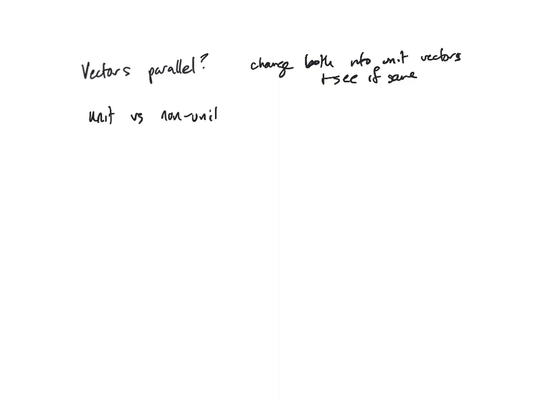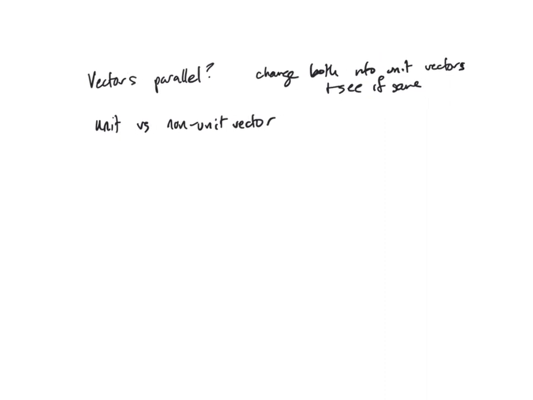Another question was talking about the idea of a unit versus a non-unit vector. A lot of people were very focused on the procedure of how we turn a vector into a unit vector. There's a lot of talk about divide by the magnitude, divide by the magnitude. And that's not wrong. I give you the credit. But the key here is that I want you to understand the concept that a unit vector is a vector with magnitude 1.